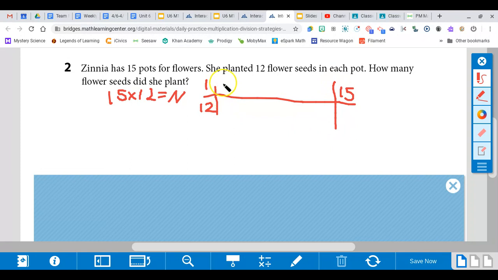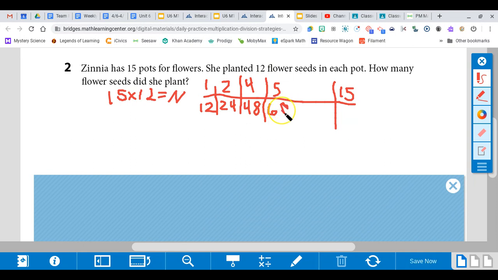So maybe I double it, I go to 2, well 2 times 12 would be 24, and then maybe I double it again and I go to 4, and 24 doubled would be 48. And then I can do my 5, because if I add 4 plus 1, that makes 5. And 48 plus 12, 48 plus 10 would be 58, plus 2 more. So that would be 60 if I add it.